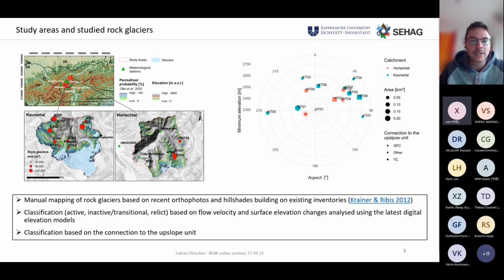As you can see, they are rather north exposed and show a minimum elevation, so the elevation at the rock glacier front, from about 2,300 meters at this rock glacier to 2,700 at this rock glacier. While the Hollachtal only contains talus connected rock glaciers, Kaunertal has talus and glacier forefield connected rock glaciers.